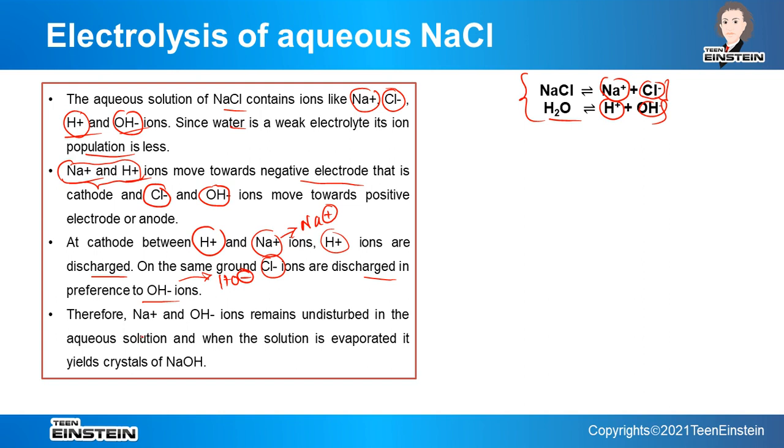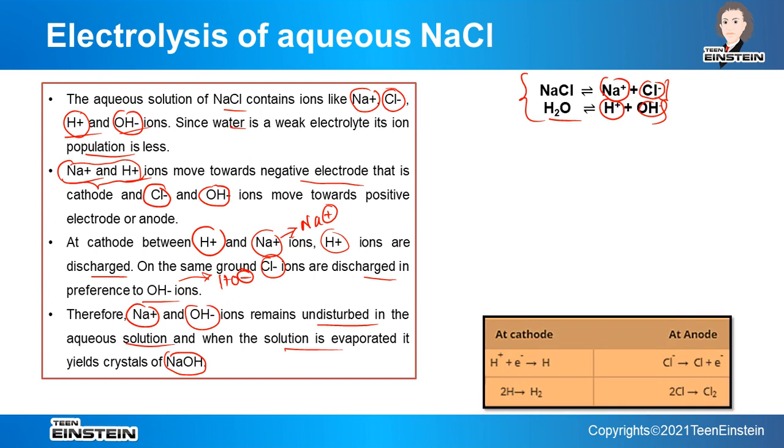These Na+ and HO- which remain undisturbed in the aqueous solution will be present as NaOH. If you evaporate the solution, because it is a water solution, the water will be removed and you will get crystals of NaOH. So by this method you can produce sodium hydroxide.